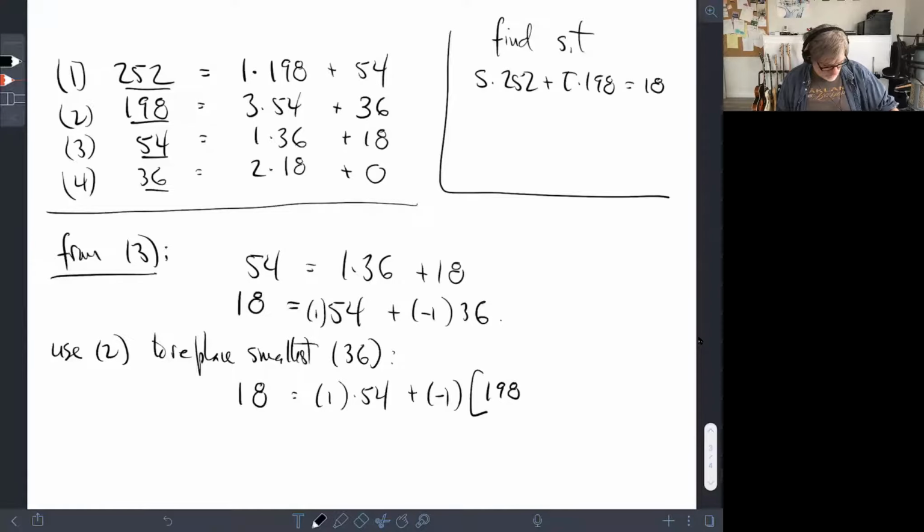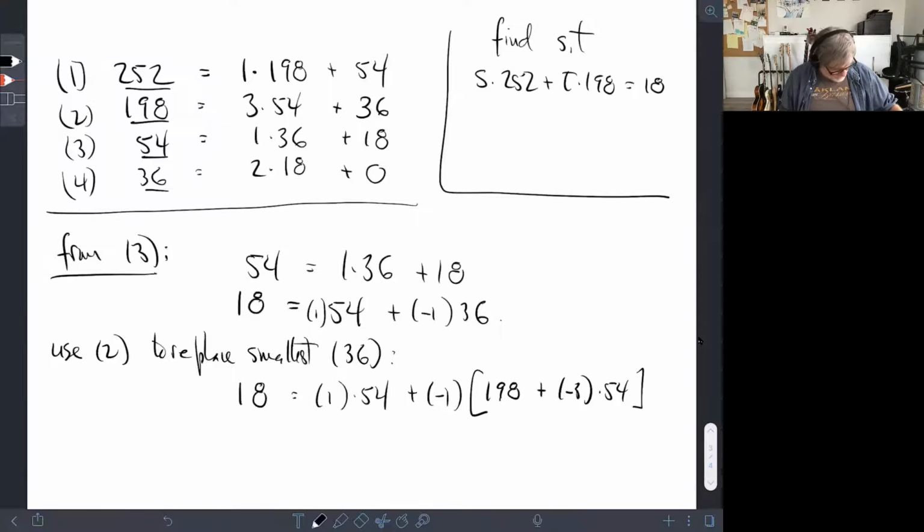Just to make sure that you see the numbers I'm interested in as if they were vectors in a linear combination and the coefficients that we're looking for: 198 plus minus 3 times 54.